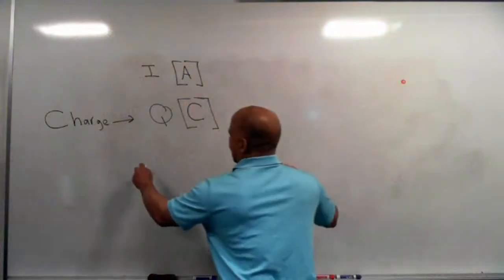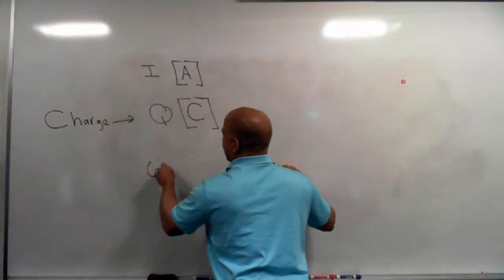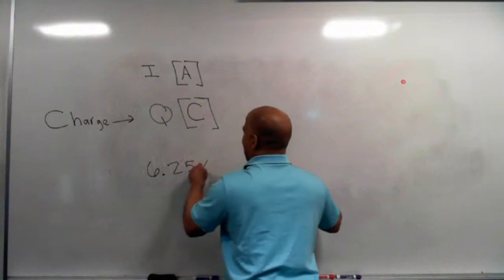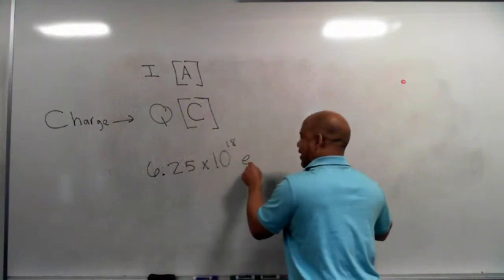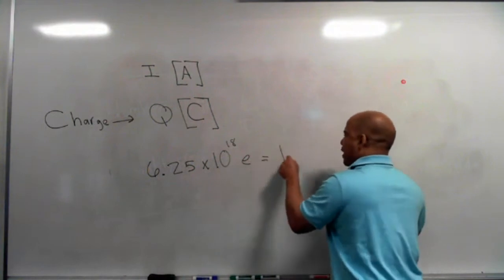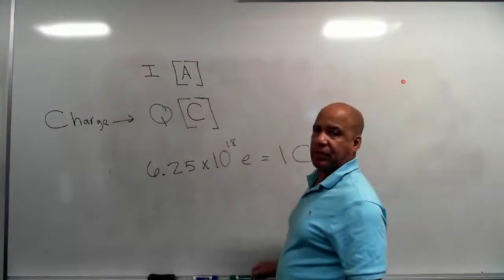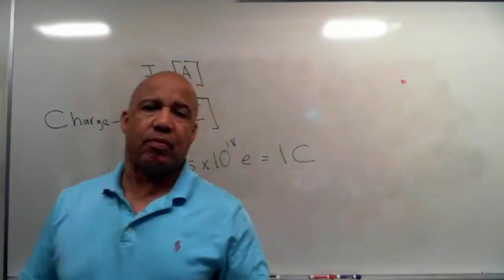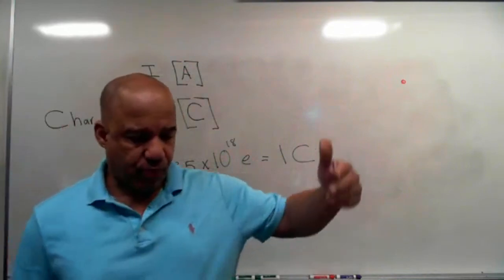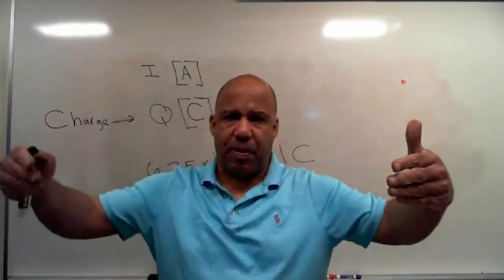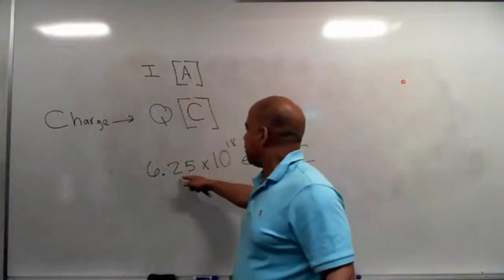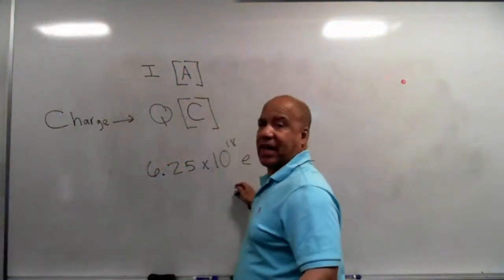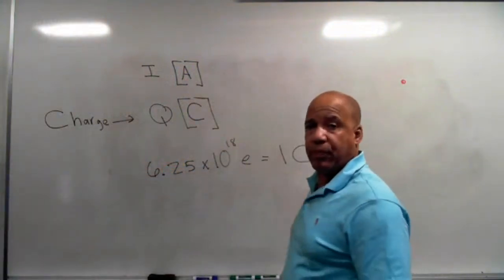If you have 6.25 times 10 to the 18th electrons, then you have 1 coulomb of electrons. So 20 cigarettes, 1 pack; 12 eggs, 1 dozen; 6.25 times 10 to the 18th electrons, 1 coulomb.